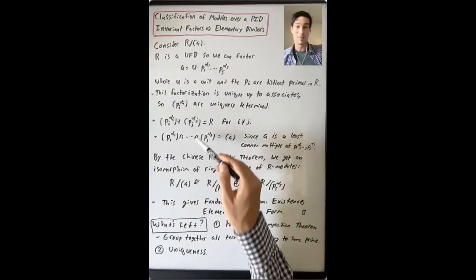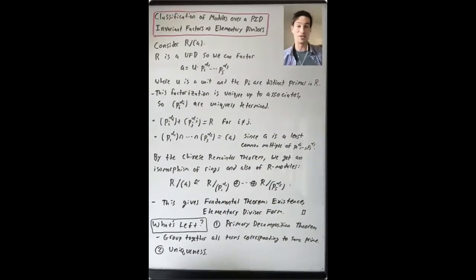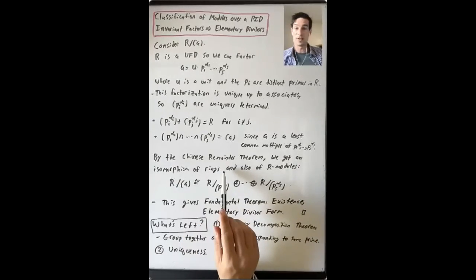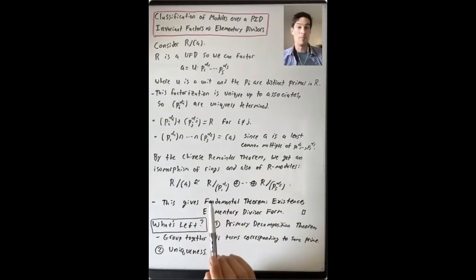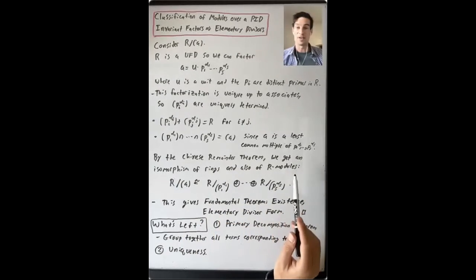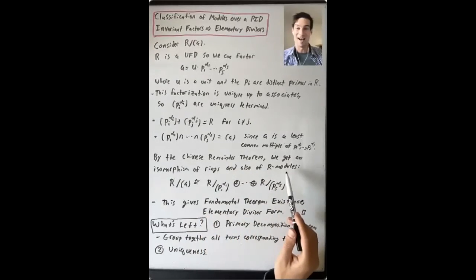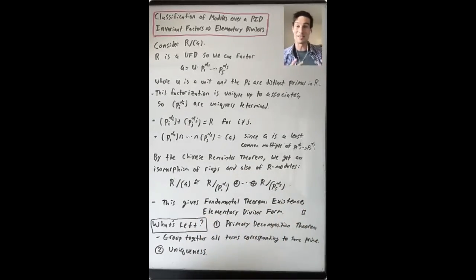Why bring these things up? Because the idea is to apply the Chinese remainder theorem. So by the Chinese remainder theorem, we get an isomorphism of rings, but you can see that it's also an isomorphism of R modules, that the isomorphism that you get satisfies the things that it needs to be an isomorphism of R modules.